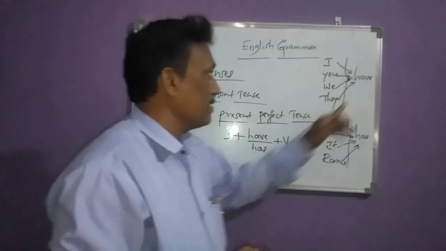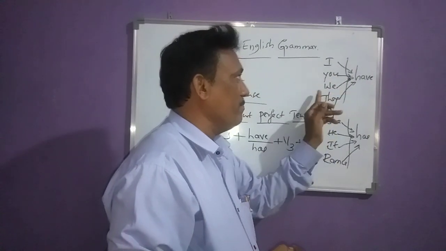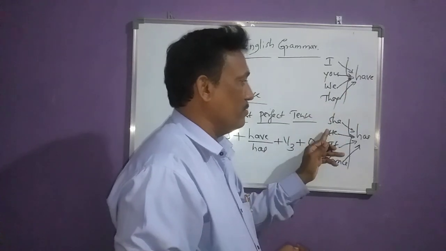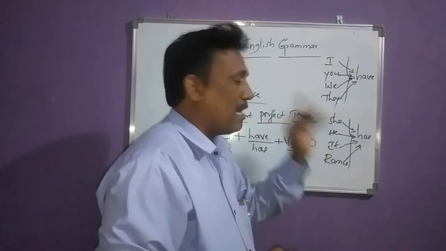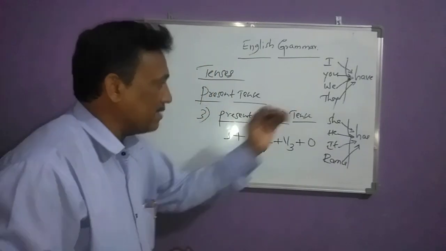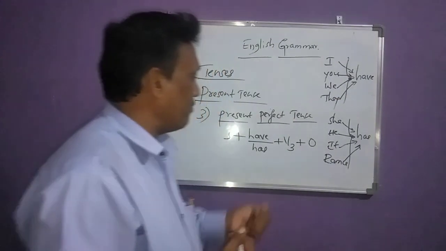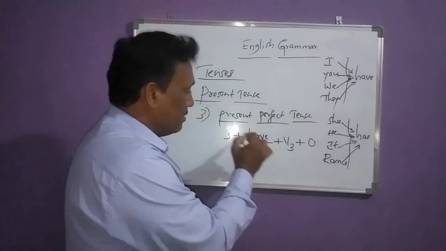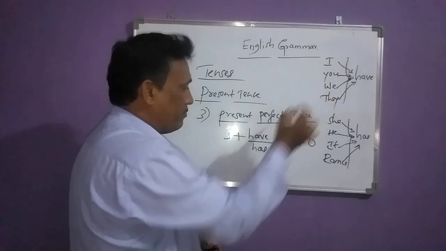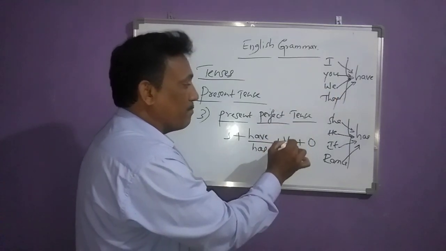So you should say I have, you have, we have, they have, and then she has, he has, it has, Ramu has. Keeping this in mind, let us start. Subject is common, plus, depending on the pronoun, you can use either have or has. Yes, it is very important.